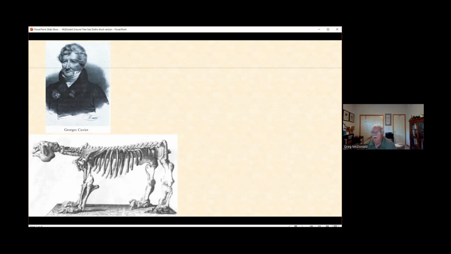He was sent drawings, surreptitiously, of this beast that was found in Argentina, in the province of Buenos Aires, and it was from these drawings that he figured out that this extinct animal was a fossil sloth.